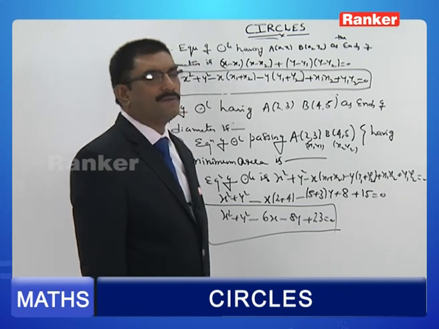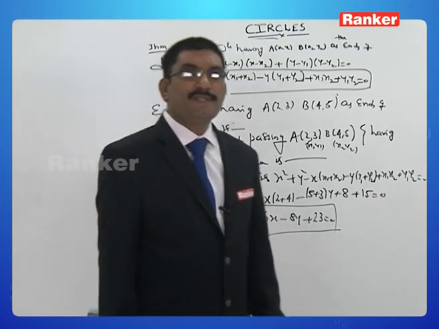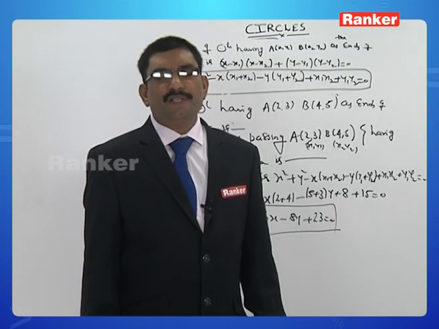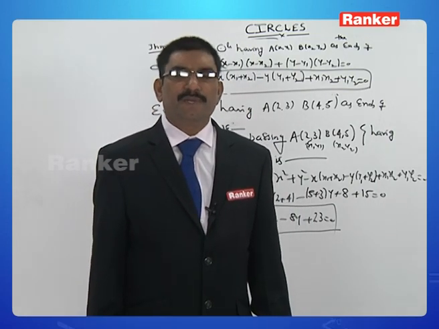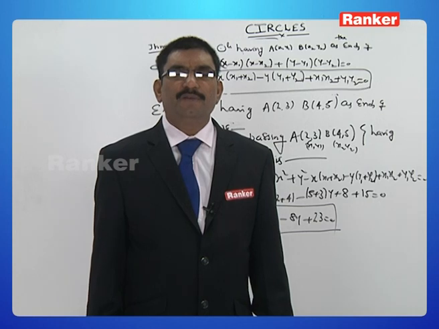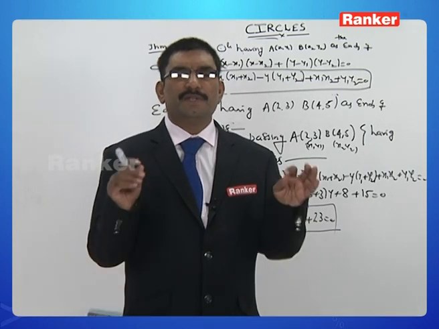Or else we can also write it in the form of (x minus x1) into (x minus x2) plus (y minus y1) into (y minus y2) is equal to 0.